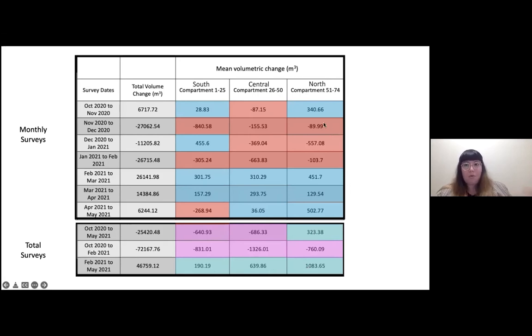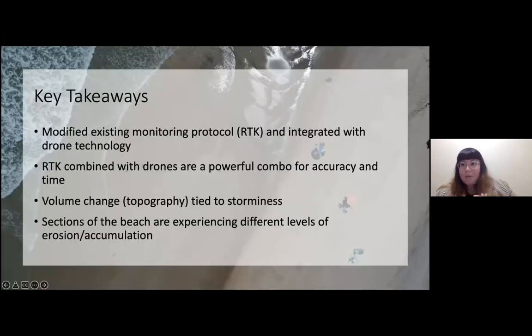And if you're wondering why these values may not add up to these, that's just because these values are the mean volumetric change for each of the individual compartments. So if you multiply these by 25, then they all add up to this. So, that was a lot of information.